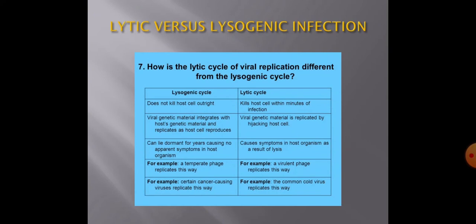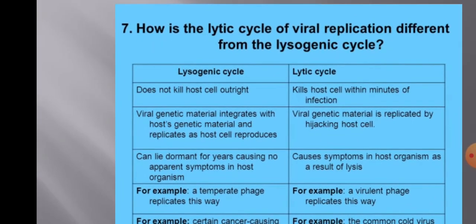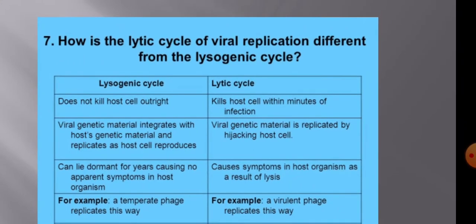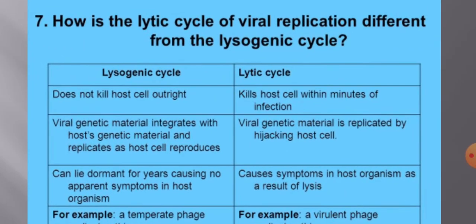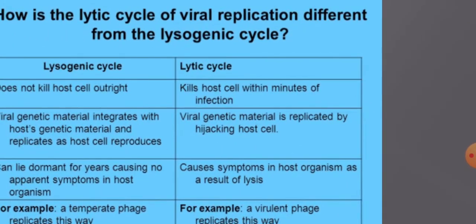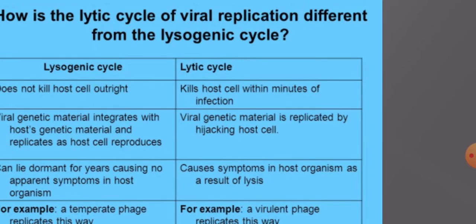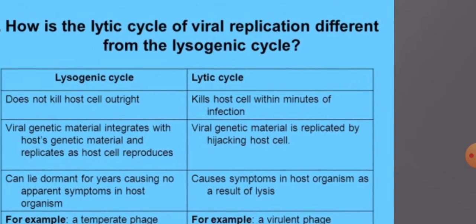Now just have a look at the comparison between lytic and lysogenic infection, or the difference between the two. In the lysogenic cycle, you see it does not kill the host cell outright, whereas in the lytic cycle it kills the host cell within minutes of infection.